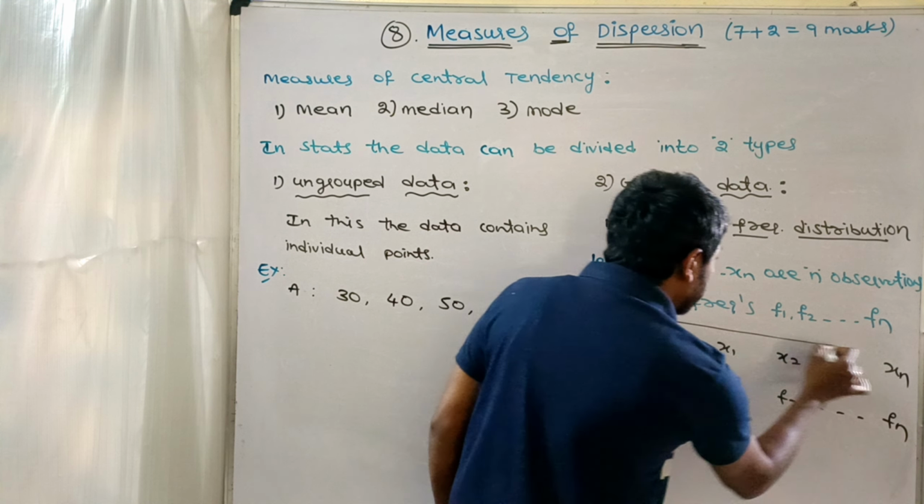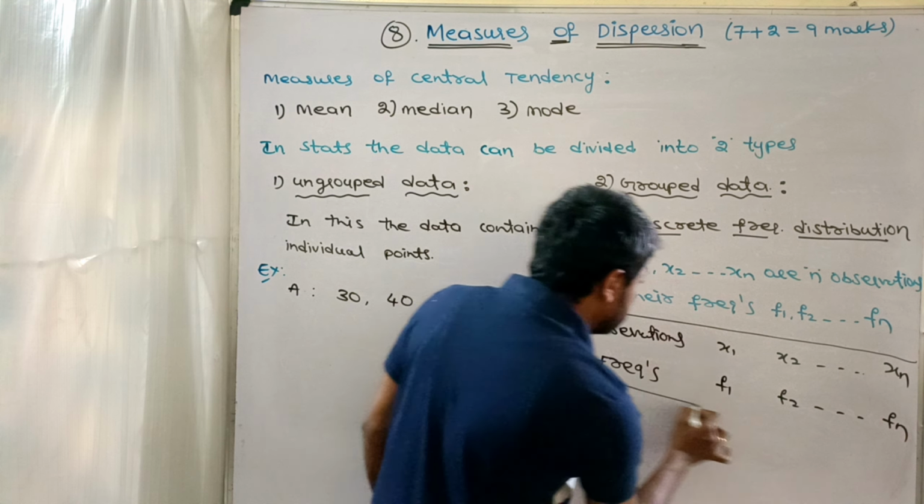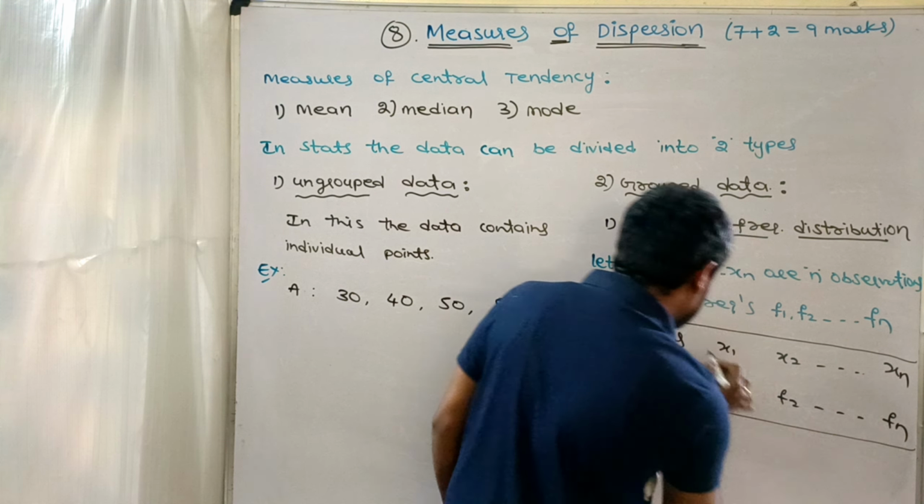So write that in a table: first observations, next frequencies. The observations are x1, x2 and so on xn, and their frequencies are f1, f2 and so on fn. This type of data is called discrete frequency distribution. And the next one is continuous frequency distribution.